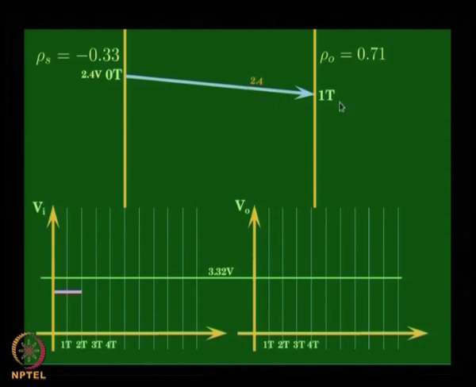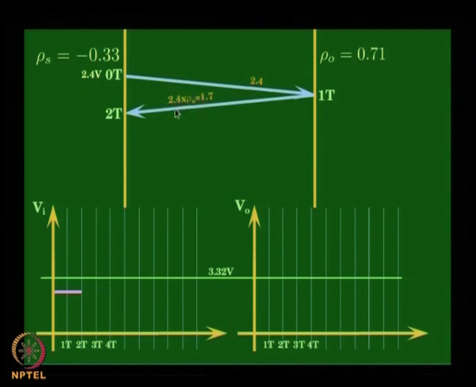And after 1 t, 1 propagation time has elapsed, 2.4 volts has passed on to the output side. The moment it has reached the output side, the output load and the transmission line wave impedance do not match. So, therefore, a portion of it will get reflected, multiplied by the reflection coefficient.